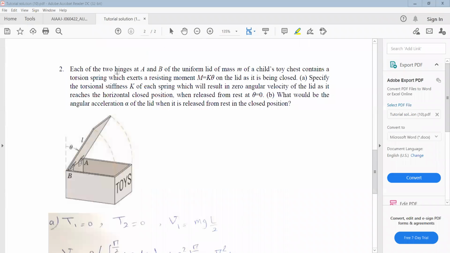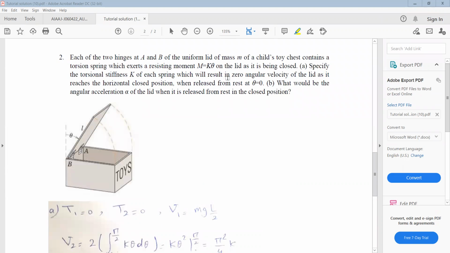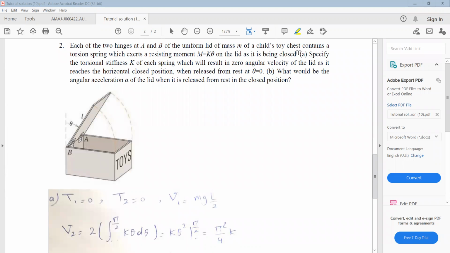Each of the two hinges at A and B of the uniform lid of mass m of a child's toy chest contains a torsional spring which exerts a resisting moment M equal to k theta on the lid as it is being closed.